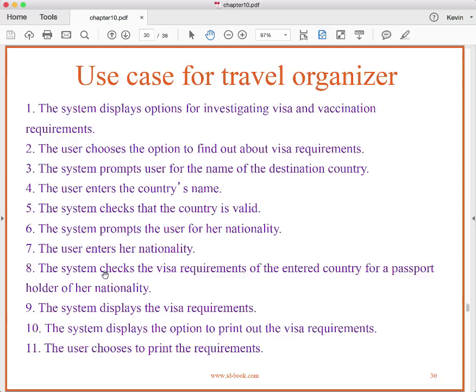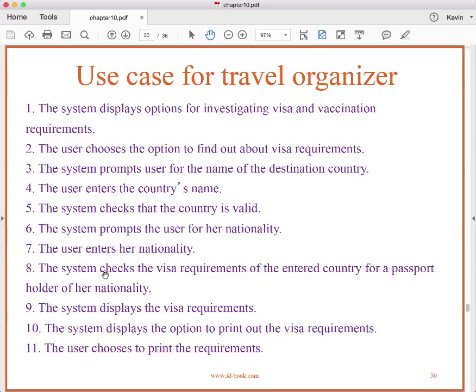And this is the basic flow here on slide 30, the use case for travel organizer. So a use case specification is typically for just one use case.